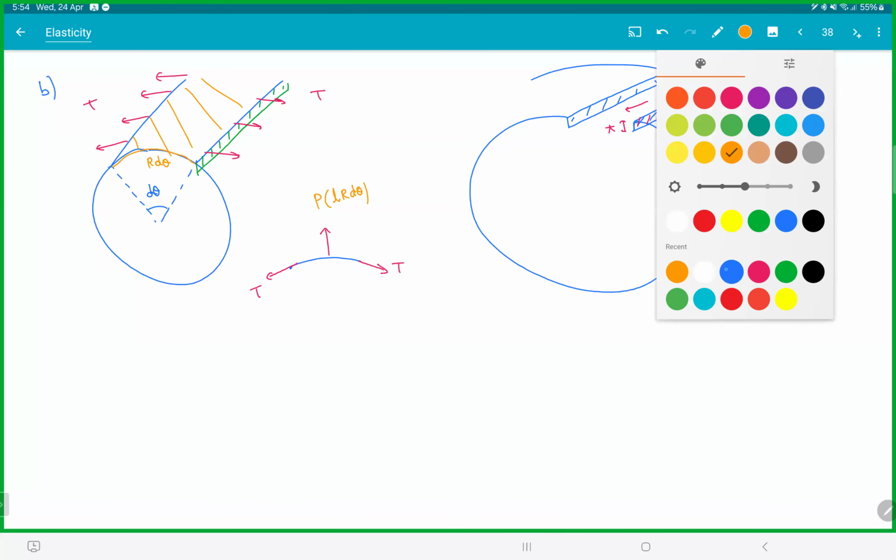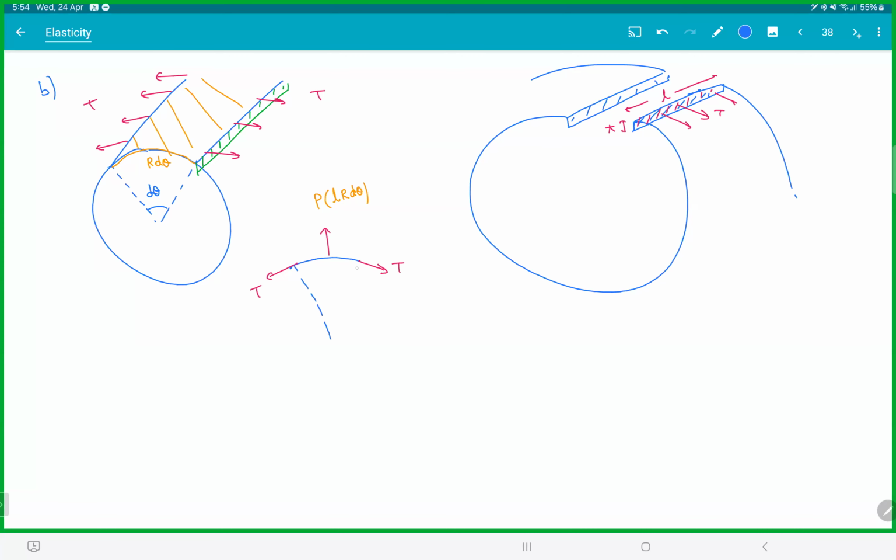Then you know the technique which we have done. This would be d theta by 2, this would be d theta by 2. So 2T sine d theta by 2 is pressure P into L into R into d theta. For small angle, sine theta becomes theta.